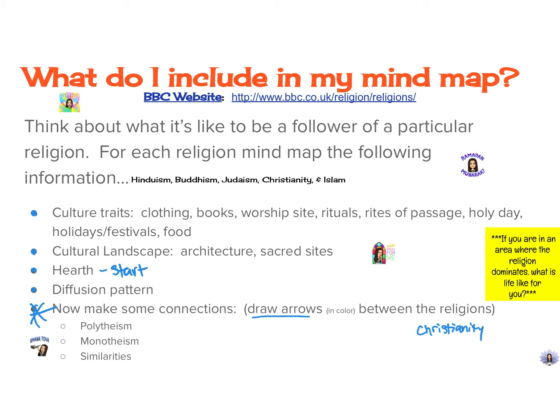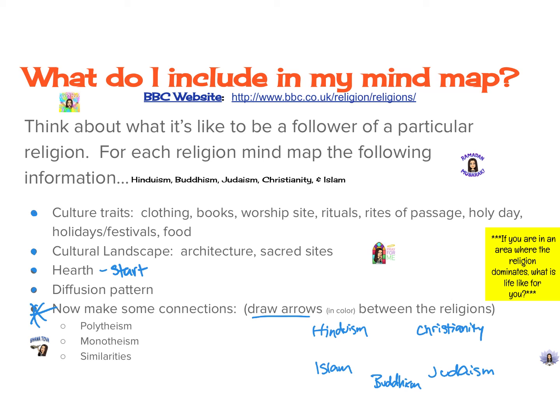So Christianity might be in one corner, Islam might be in one corner, Judaism... Ooh, I spelled that wrong. Hinduism. What's the other one? Oh, Buddhism. Okay, whatever. So you'll have it all written out on one page, okay?